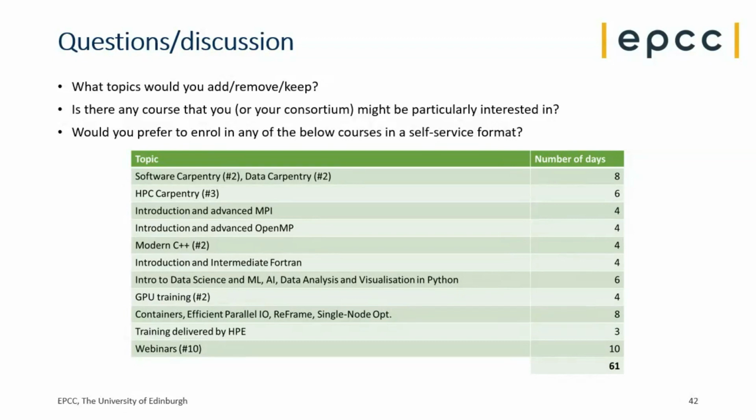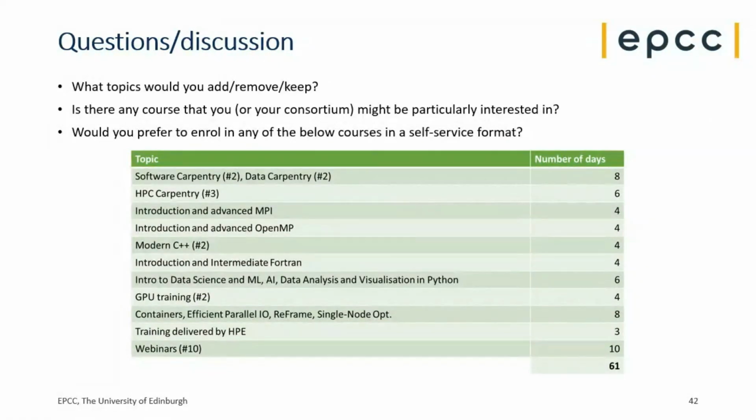The other question is whether there is any course that you or your consortium would be particularly interested in. We would be happy to talk to you and try to deliver the course on appropriate dates and times.